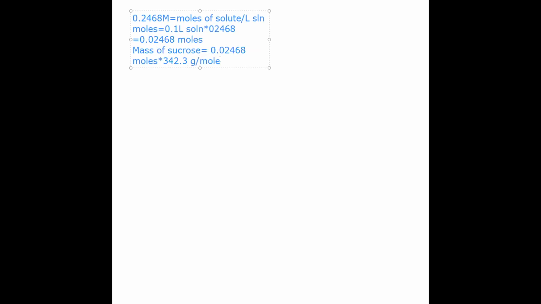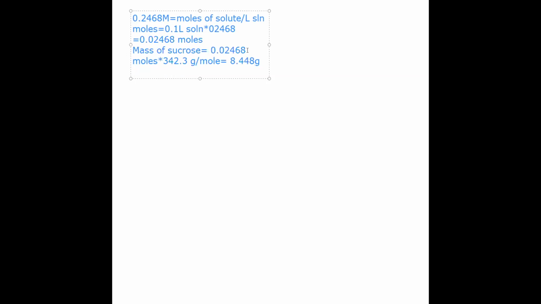As you can see here, the mole will cancel out, and I will remain with a value in grams. If you do this calculation, you will end up with 8.447964 grams. And in the correct number of significant figures, I'll just keep 8.448 grams.